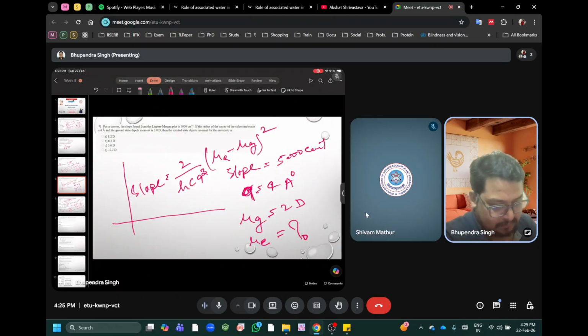Slope is given, h I have already told, c you know, I already told, a is given, 2 is 2, mu g also is given. So according to the Lippert method, the expression of the slope is this. So you will easily calculate the mu e.